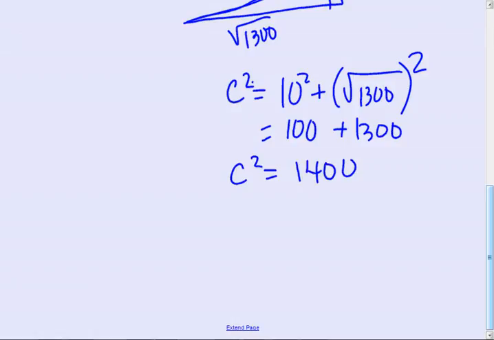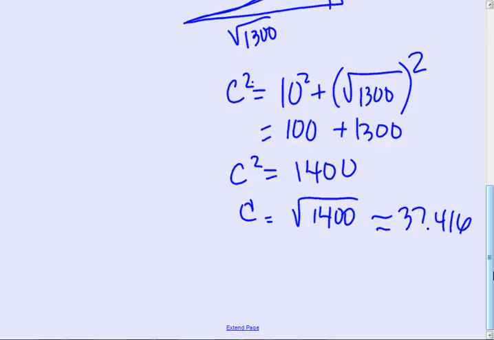I don't know what that value is, but C is equal to the square root of that. 37? I'll have to believe you.